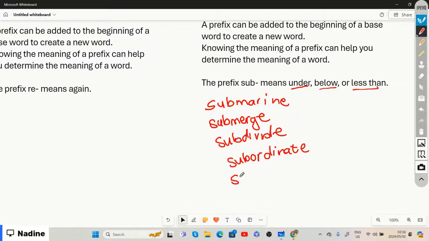And then we have a substitute, right? That is but a few examples of words with the prefix sub. And we said sub means either under, below, or less than. Then subject, subject to something or someone.